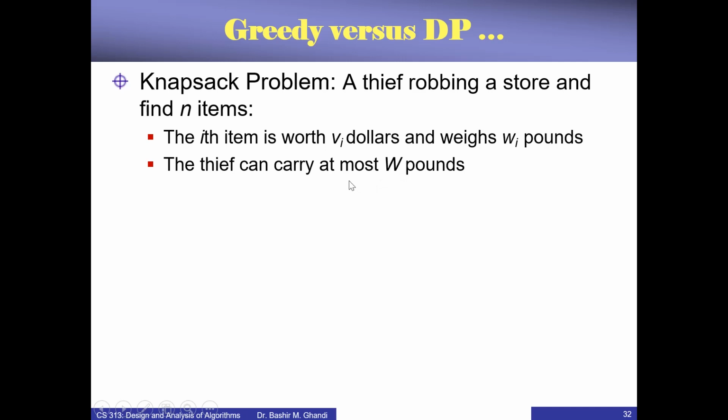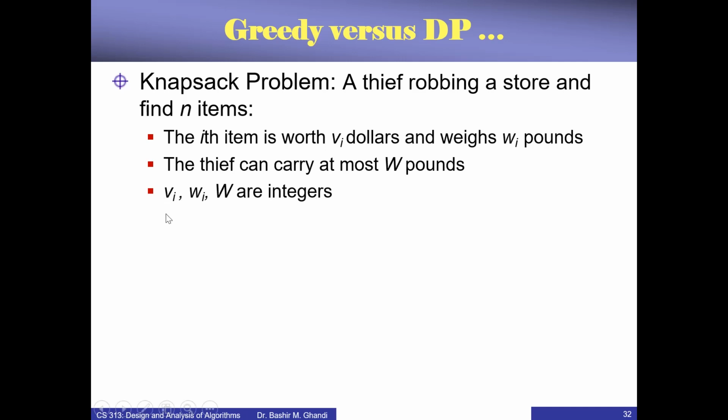Now the thief has a restriction. He can only carry W pounds. If he fills his sack with more than W weight, he cannot carry it out because it would be too much weight. So there's a restriction: the thief can carry at most W pounds.